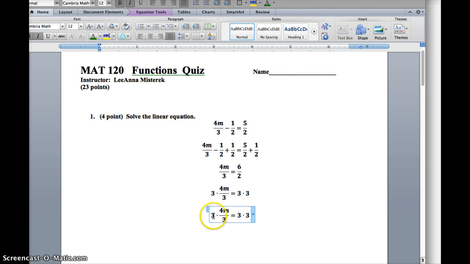So what happens here, when I do 3 times 4m over 3, the 3 divides by 3 and you get 1. So over here, we're just left with 4m, and over here, we have 9, and then the last step, I think most everybody's familiar with. You divide both sides by 4.